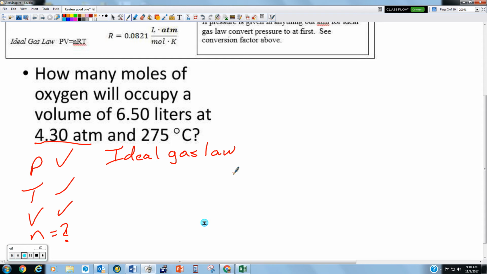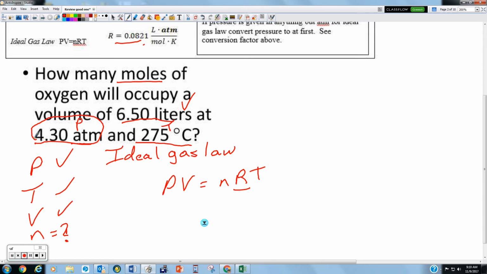Now, the things to notice on this one, we only have one condition of each thing. So we want to know how many moles, and we're given a volume, a temperature, and a pressure. The only thing in the ideal gas law that we don't have is the R, but the R is given up here. The other thing that you have to check is what our pressure is in.